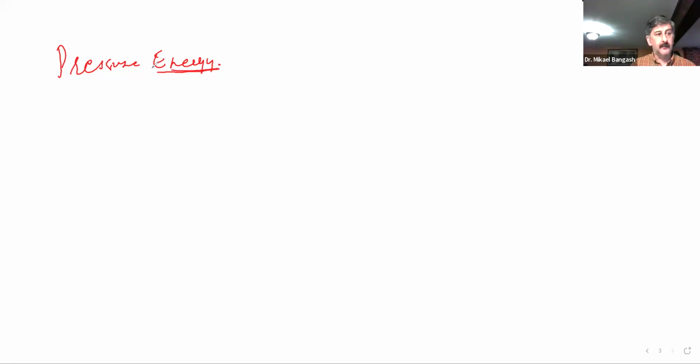Mainly something which has the potential ability to do work. What is work? Applying a force and moving an object. In physics, that's what we call work.